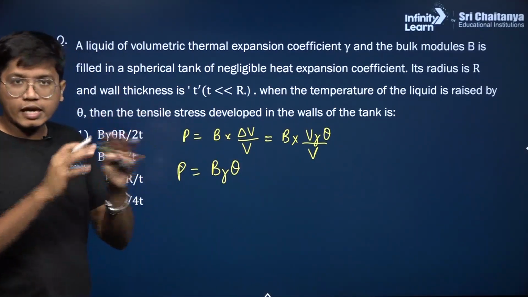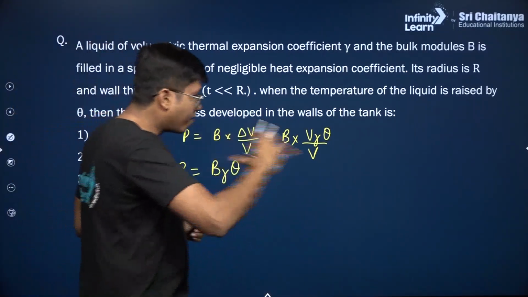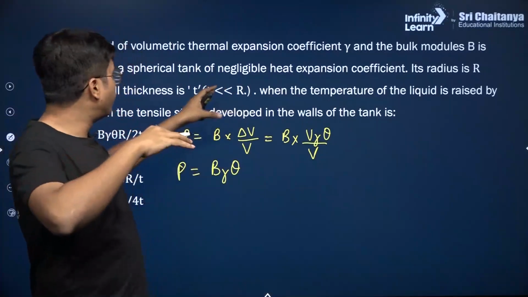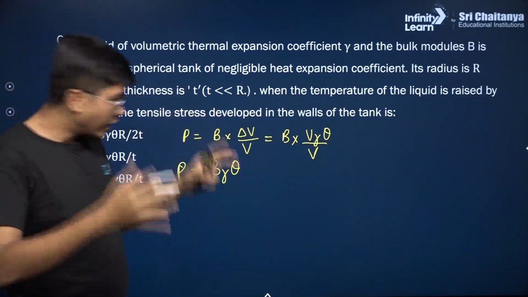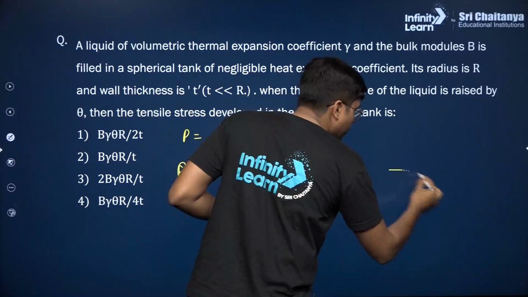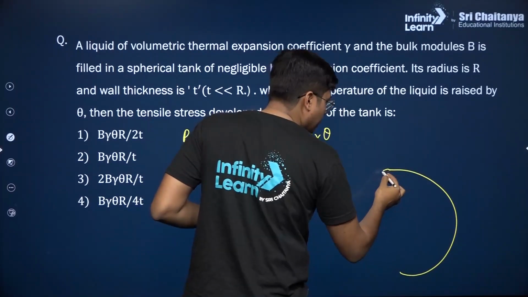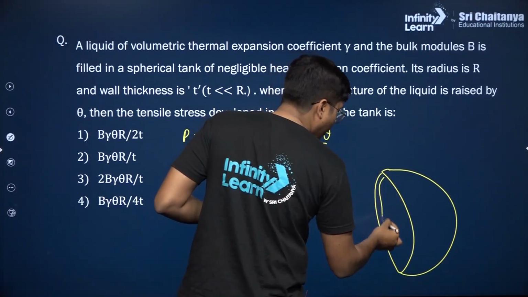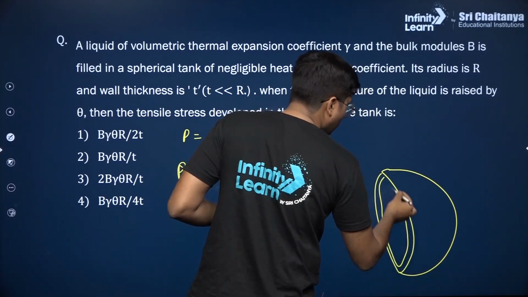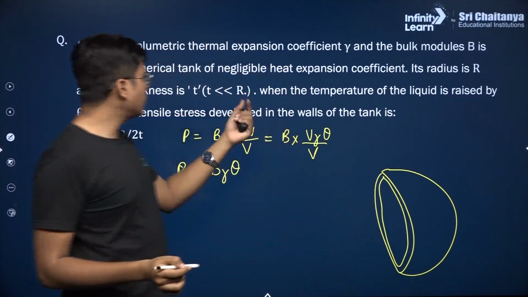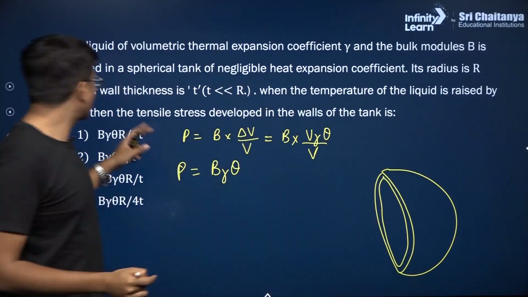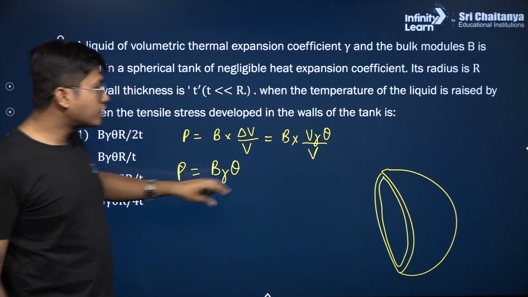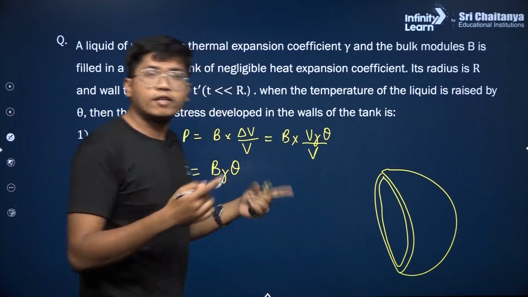So let's understand what the diagram actually looks like. If I take a hemisphere, whatever is the full shell, if I cut it up, think of a hemisphere, then the hemisphere is going to look something like this. And it's going to have a thickness to it. That thickness of the walls is given as t over here. Now first up, the pressure is acting and we need to find the force.